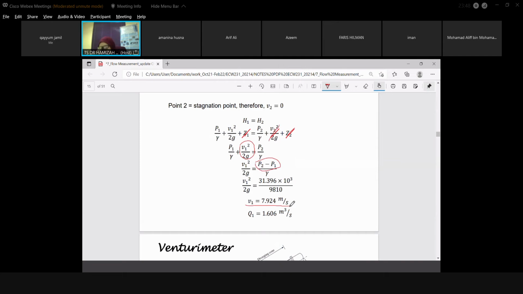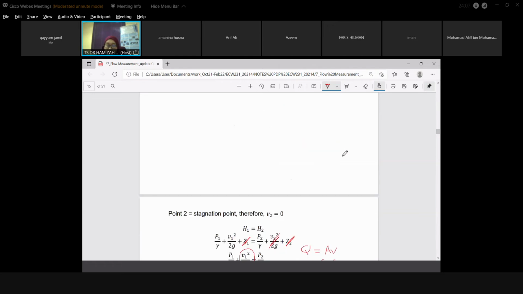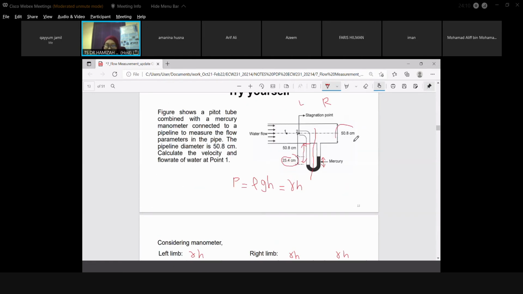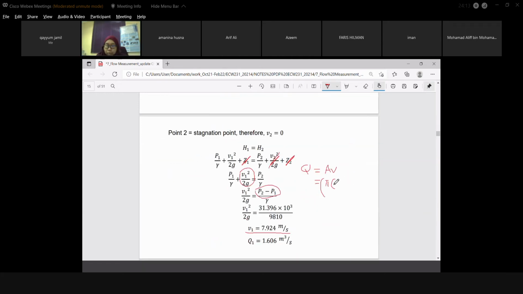From this, you can find Q using the continuity formula, which is Q equals AV. The area is pi times the diameter, 0.508, squared, divided by 4, and then times the velocity.